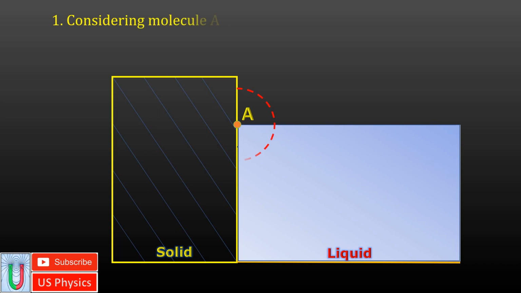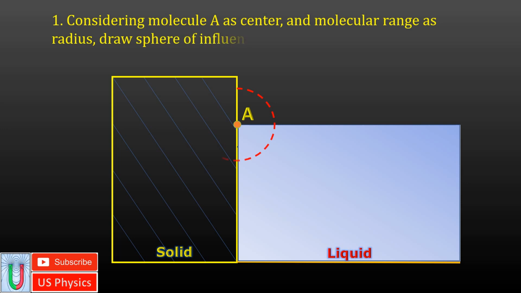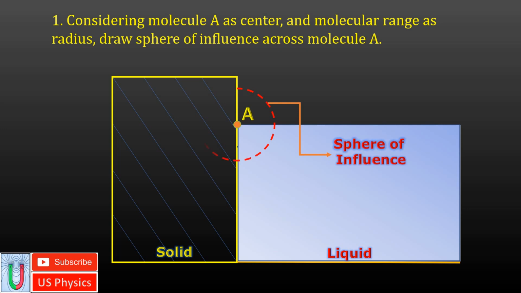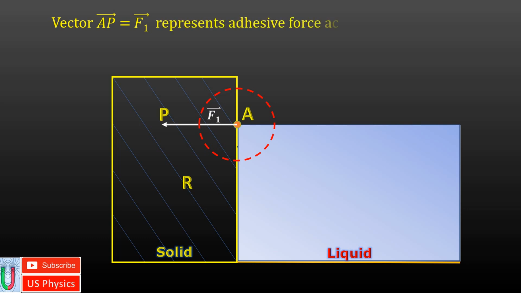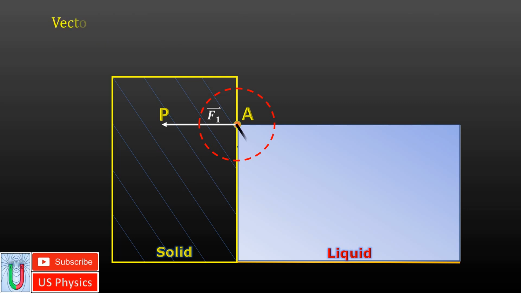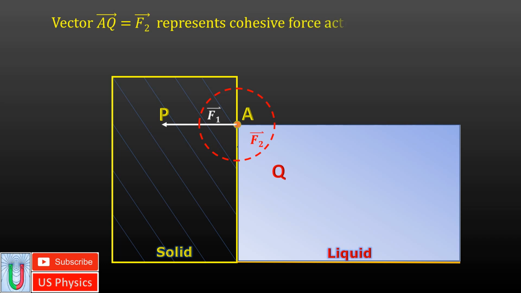Considering molecule A as center and molecular range as radius, draw a sphere of influence around molecule A as shown in figure. The vector AP bar equals F1 bar represents adhesive force acting on molecule A due to molecules of solid.